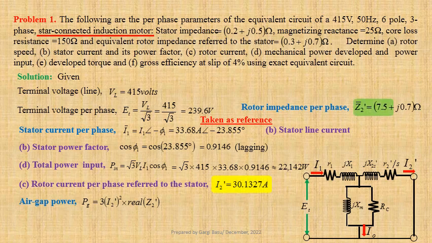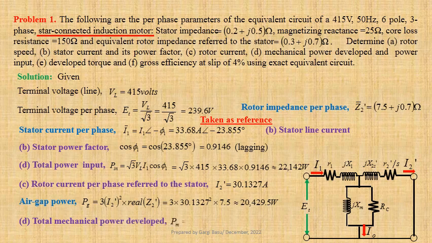Therefore, Pg equals 3 into 30.1327 squared into 7.5, which is approximately equal to 20,429.5 watt.